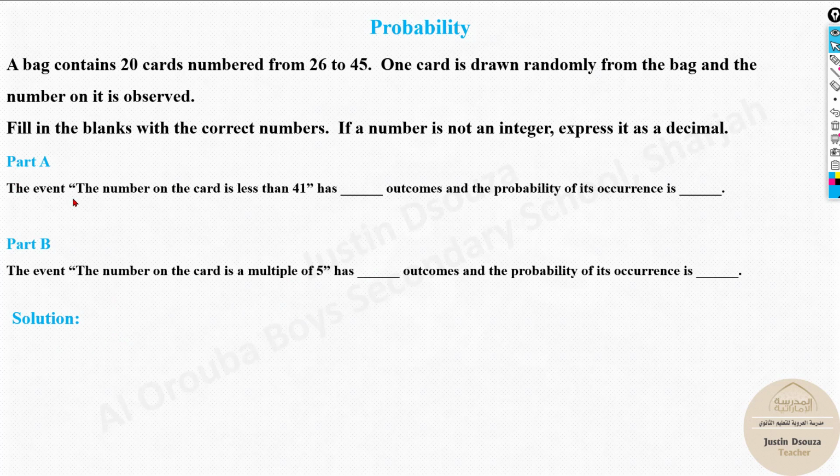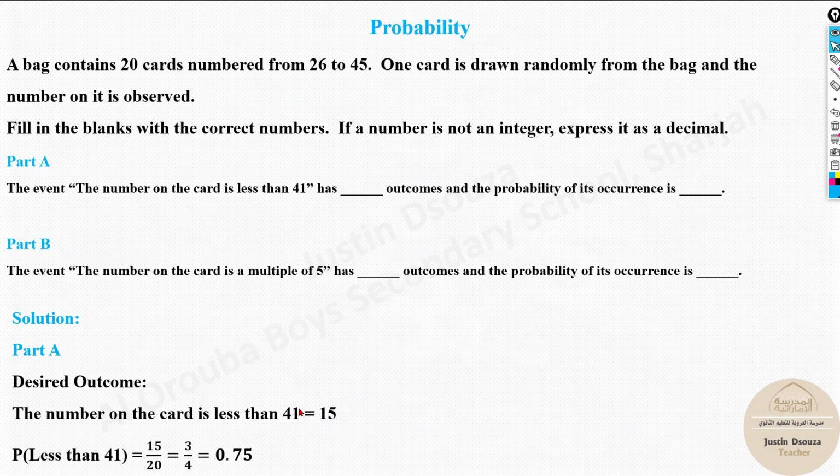So let's solve part A first. The desired outcome is 15 cards. And what is the total number of cards? 20. So all you need to do is find the probability. 15 divided by 20, that is 5 goes into these, it's 3/4 or 75% or 0.75.